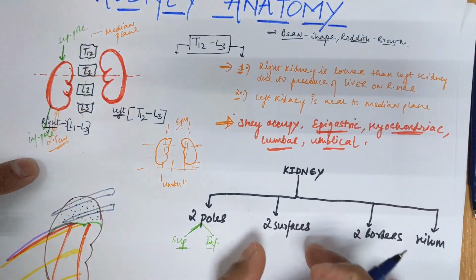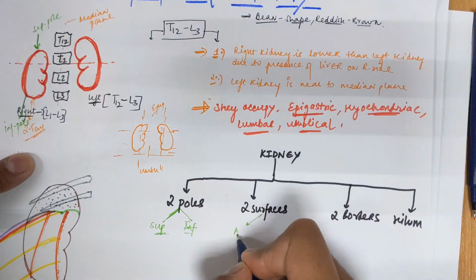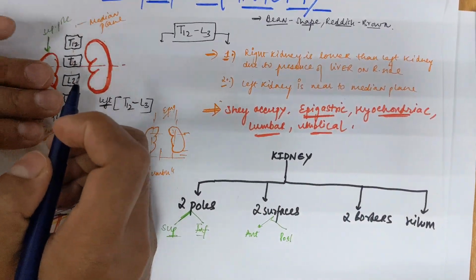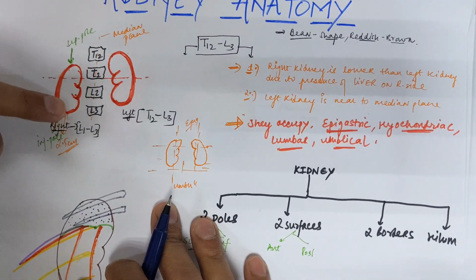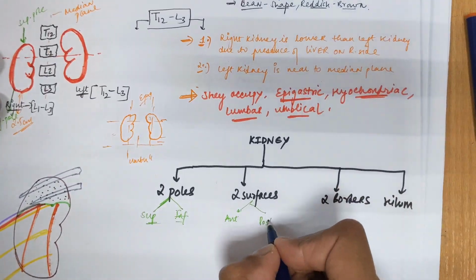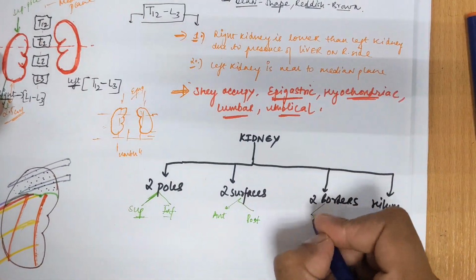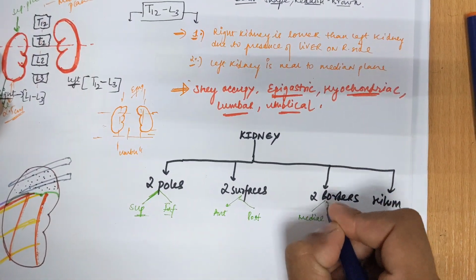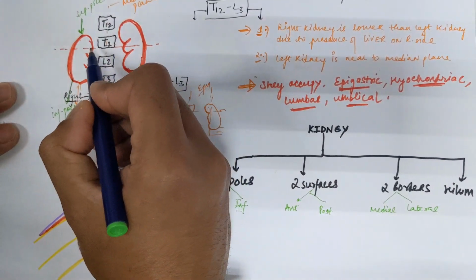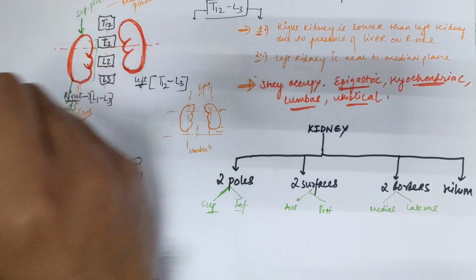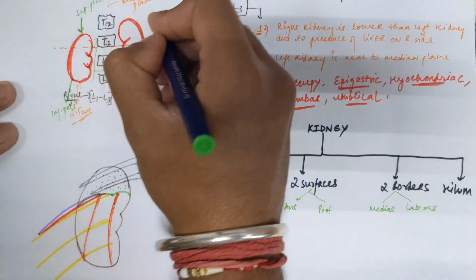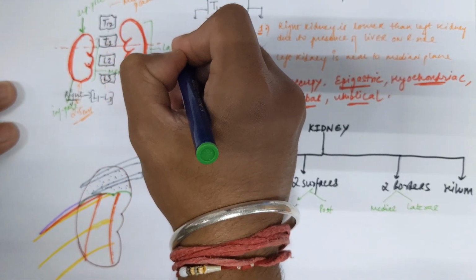Now we talk about the surface. We have anterior and the posterior surface, as usual. As this is the diagram for the anterior side, this is the anterior surface, and on the back side will be your posterior surface. So these are the 2 surfaces, and 2 borders we have, medial and lateral. Medial will be towards the median plane, so this border will be your medial border, and this border will be your lateral border.